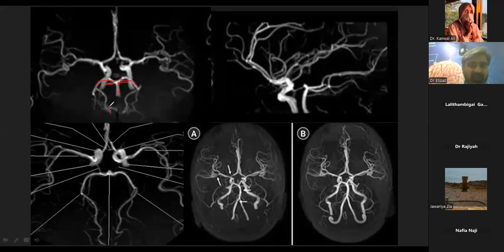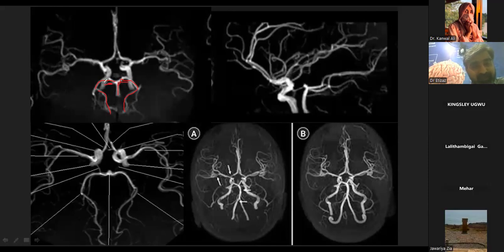And what about these two? Vertebral artery, I think. This is not the vertebral artery. Someone said it's a PICA.